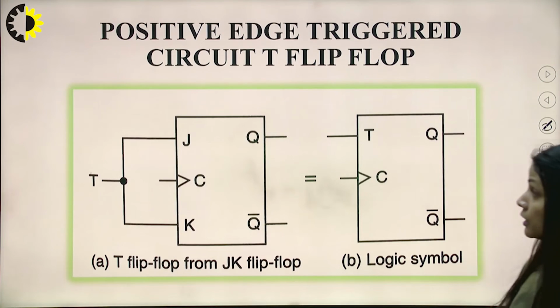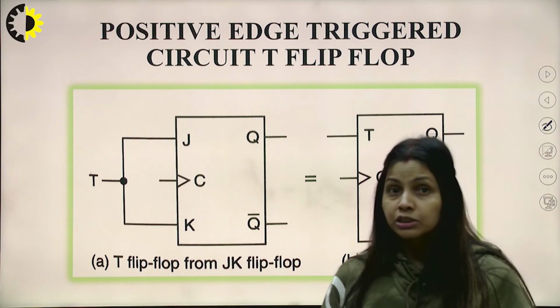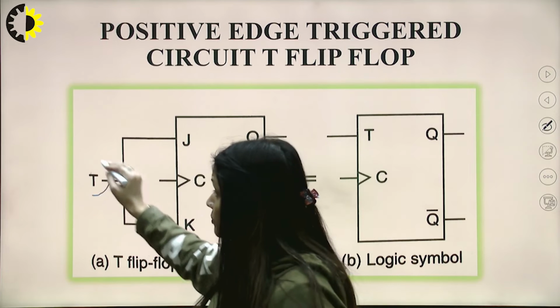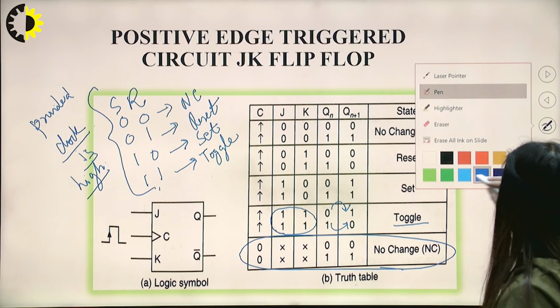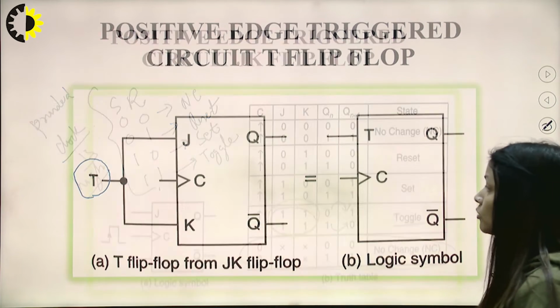So here, the next kind of flip-flop which is used is the toggle flip-flop, that is the T flip-flop. Since we have understood that 1 1 is the toggling state, there are only two inputs.